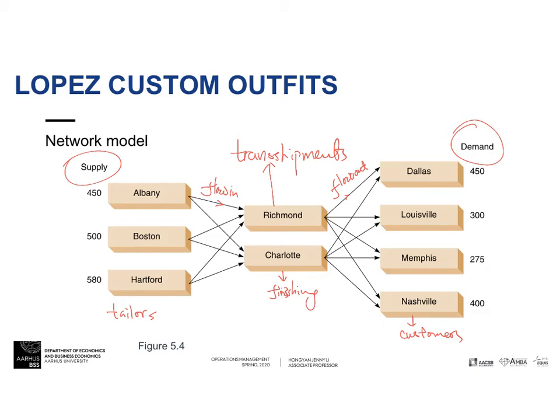And for Charlotte, it's the same, flow in and flow out. So now the question is, you have more decision variables to consider. How many units should you move from Albany to Richmond, from Richmond to different customer cities, and so on. So many different routes in the decision variables.